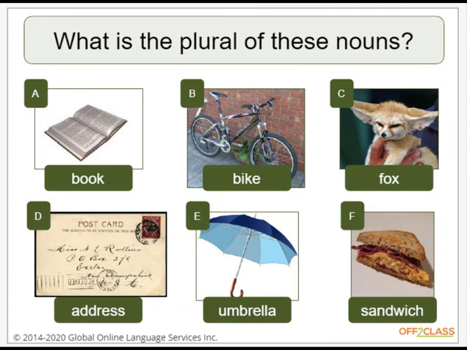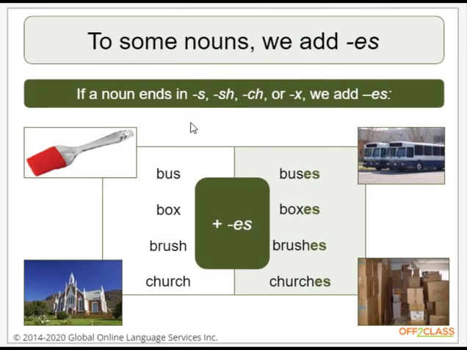Okay, so here are some exercises. This is going to be interesting because it's going to be a combination of S and ES. Let me go back a bit. If a noun ends in S, SH, CH, or X, we add ES.